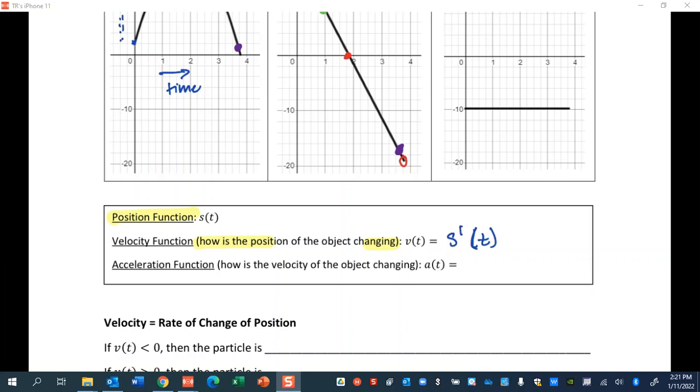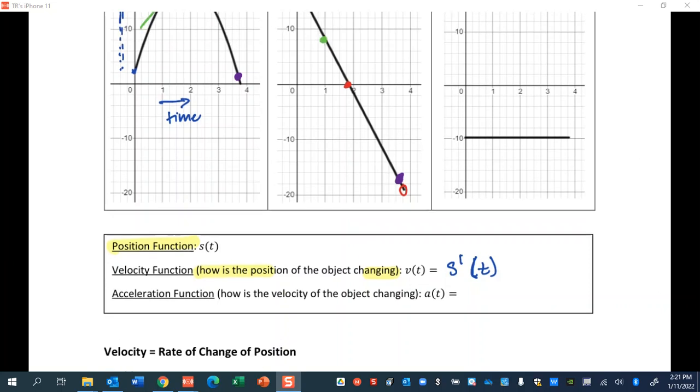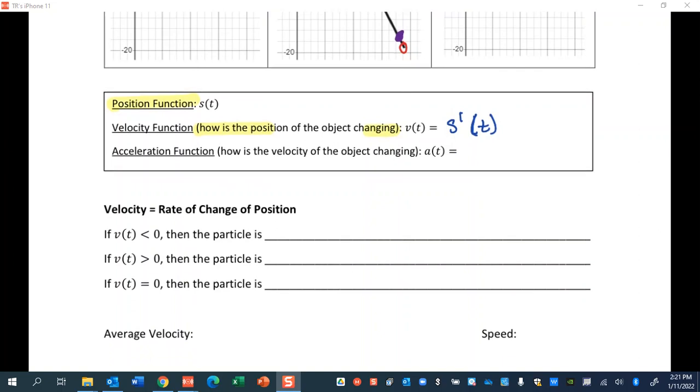When we talk about acceleration, I'm talking about now how the velocity is changing. So I'm going to take the derivative of velocity, which is the same as the second derivative of position. So it's interesting to see that velocity measures how position is changing and acceleration measures how velocity is changing.